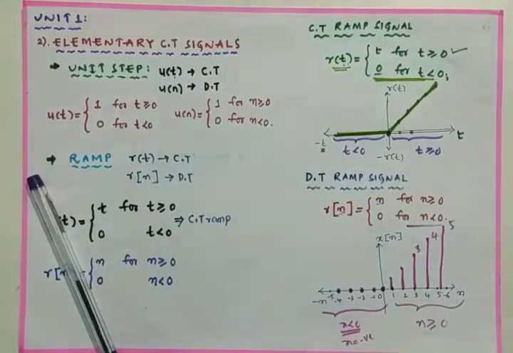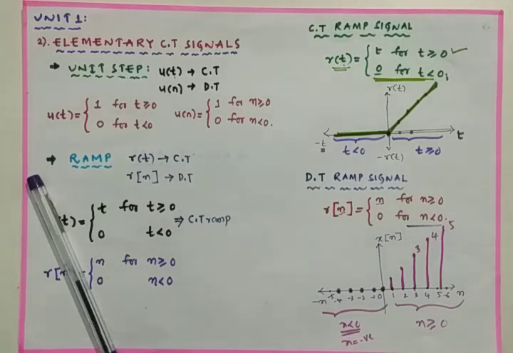Now we have discussed the ramp signal in case of continuous time as well as discrete time. In the last class we have discussed the unit step signal in the continuous time and the discrete time. Now we have discussed the ramp signal in continuous time as well as discrete time, and so the two elementary continuous time signals are completed.